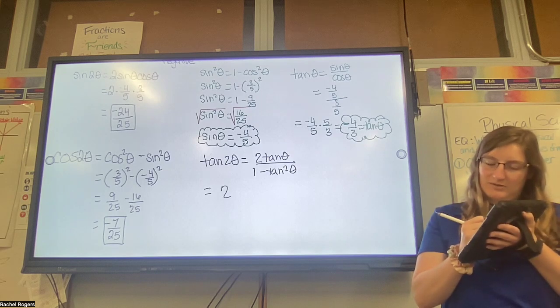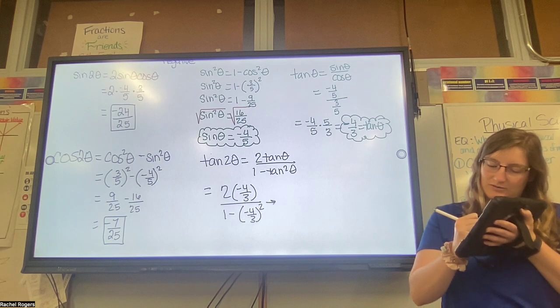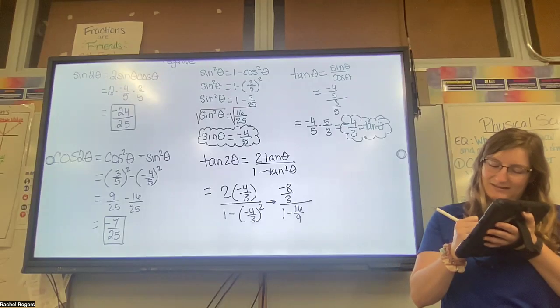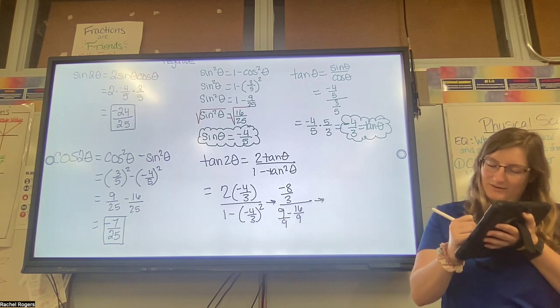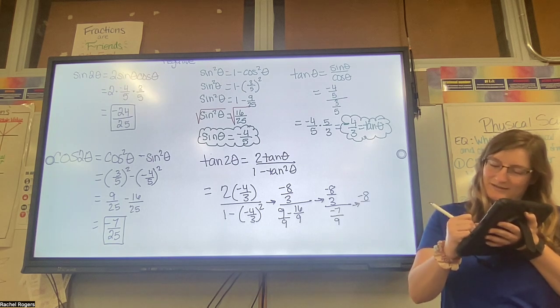So 2 times negative 4/3 over 1 minus negative 4/3 squared is negative 8/3 over 1 minus 16/9. And 1 is 9/9, which is negative 8/3 over negative 7/9, which is negative 8/3 times 9/7.